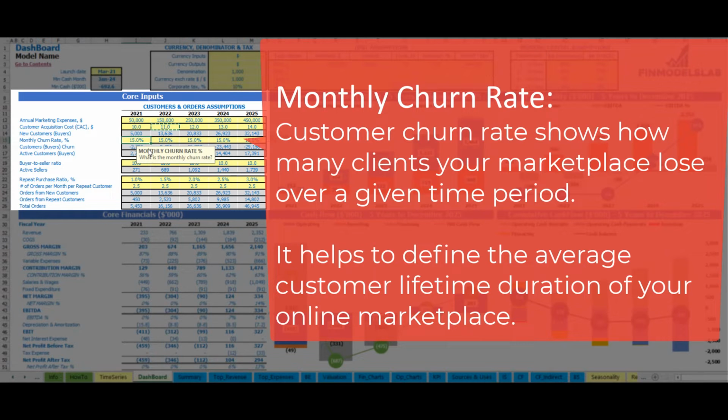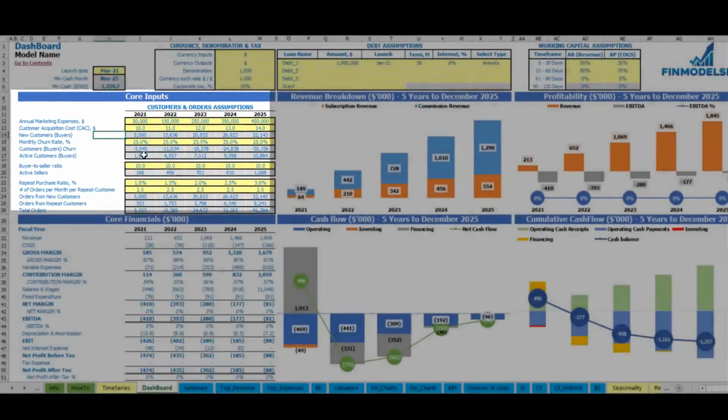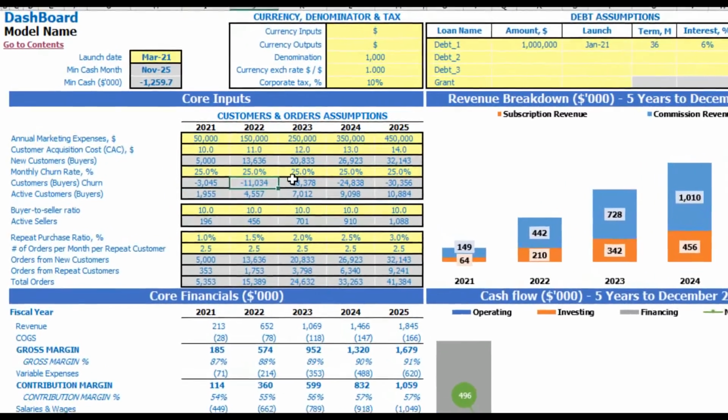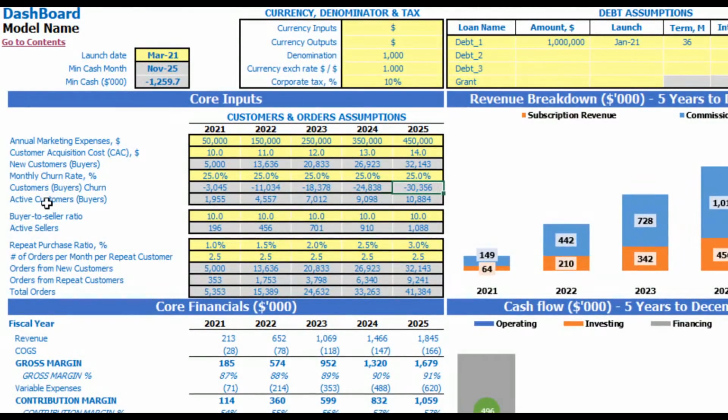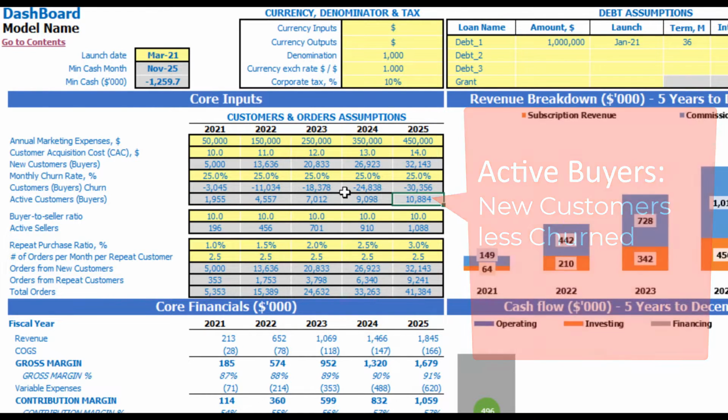It can be very low, for example 3%, or up to 25%, for example, for some marketplaces. So you may see the customers churn by years. This is total for the year. And finally, as a result of this section, you may see the active customers. This is as of the end of the year. So how many customers you will have, for example, at the end of 25.